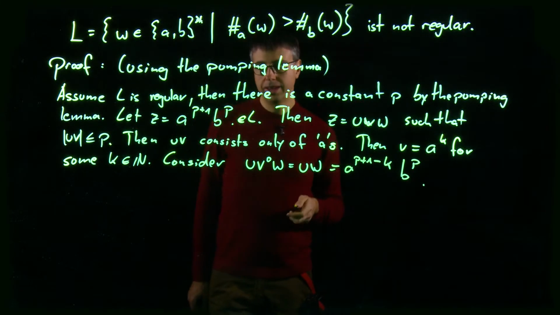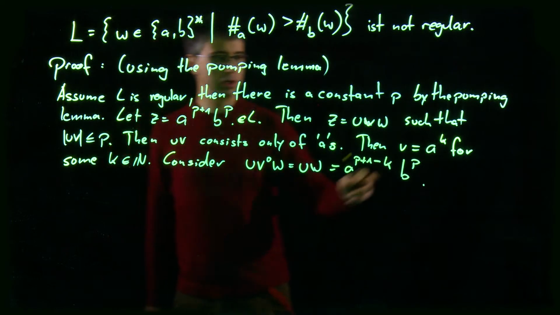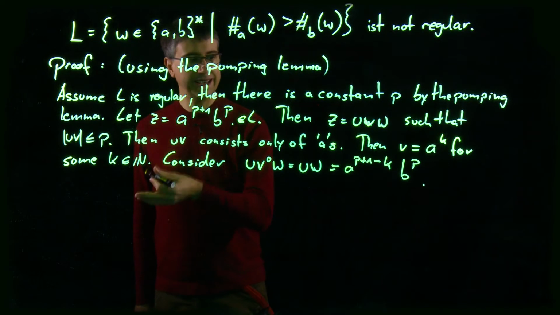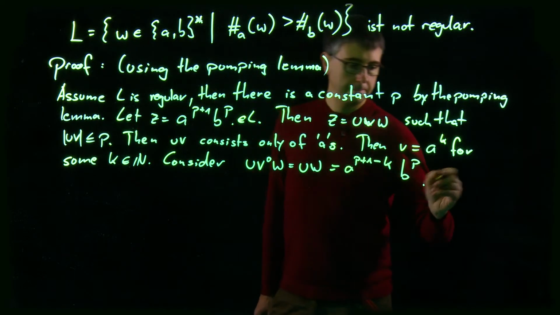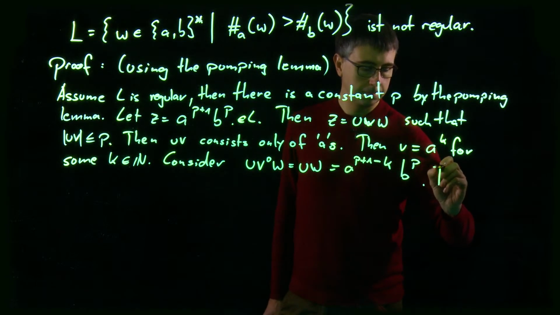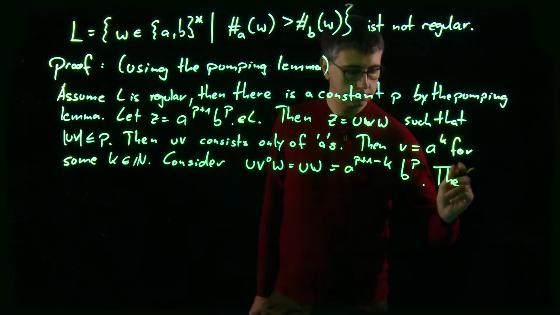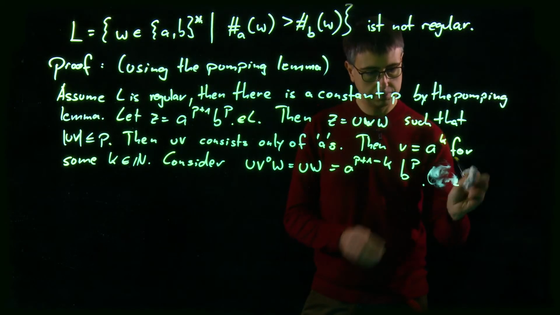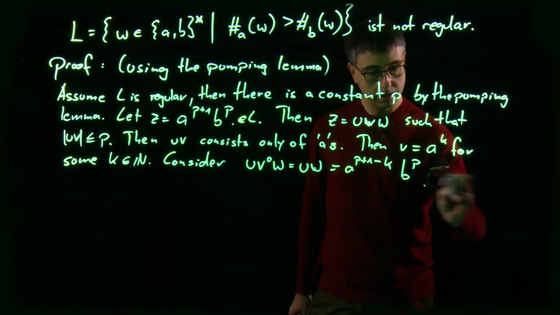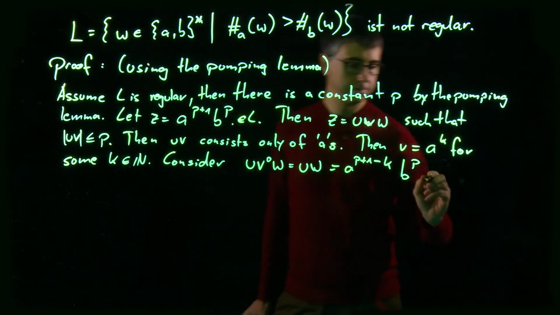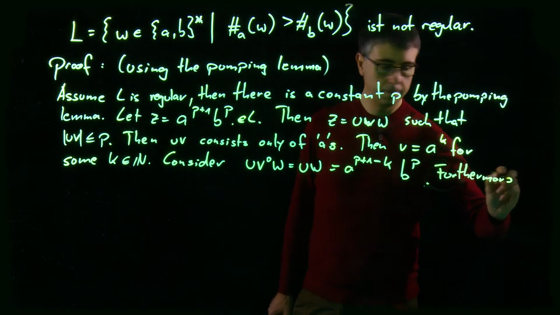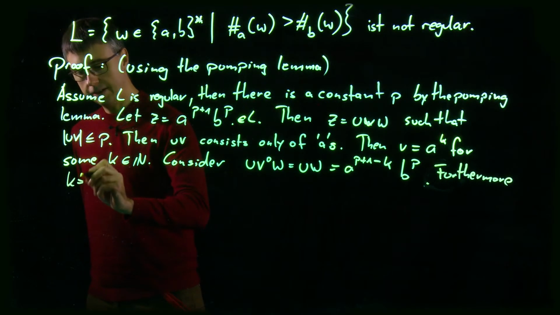We also know that K cannot be 0, because V may not be the empty word. So K doesn't equal 0.